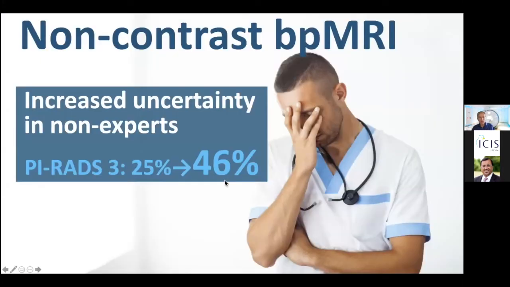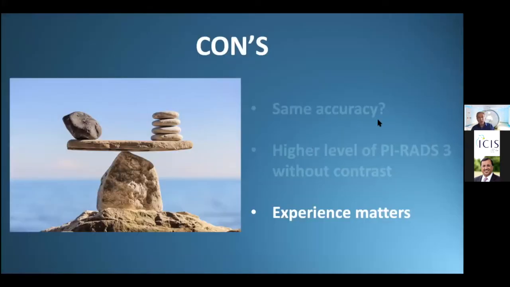However, if your uncertainty already is 25%, so if you are a non-expert, this increases to almost 50% of the MRIs. So in a non-expert, not using contrast, in about 50%, the radiologist is telling, I do not know. Is that what we want? No. Now, another con, and I came to that already, is that experience matters.